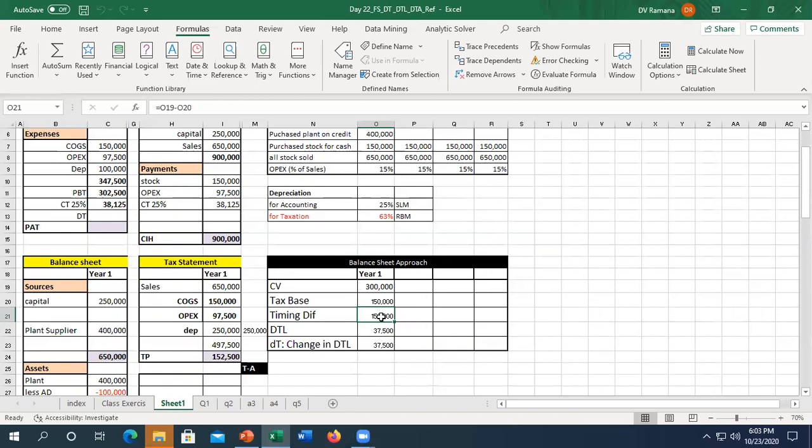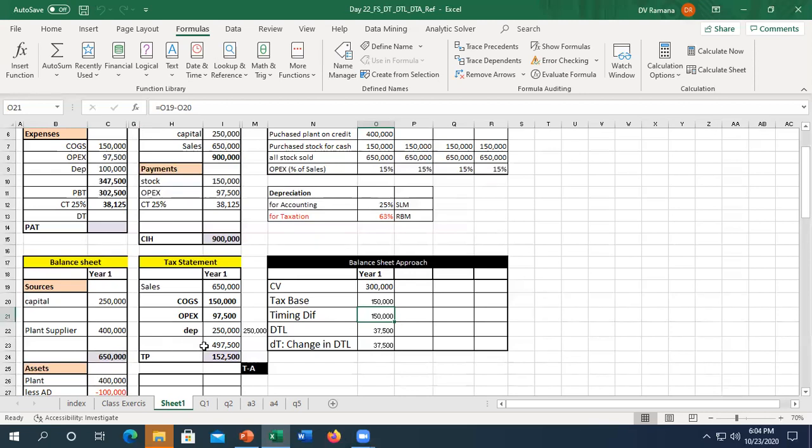So there is a deferred tax liability. The deferred tax liability is the tax rate times the timing difference, and the timing difference on the asset is the difference between the carrying cost and the tax base. The carrying cost is the cost shown in the balance sheet, and the tax base is the asset minus the allowed depreciation for the purpose of taxation.